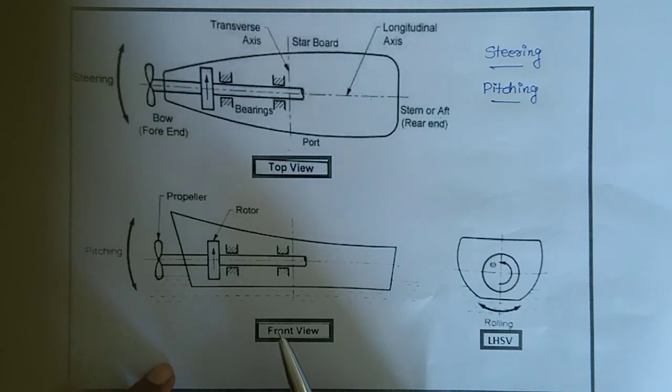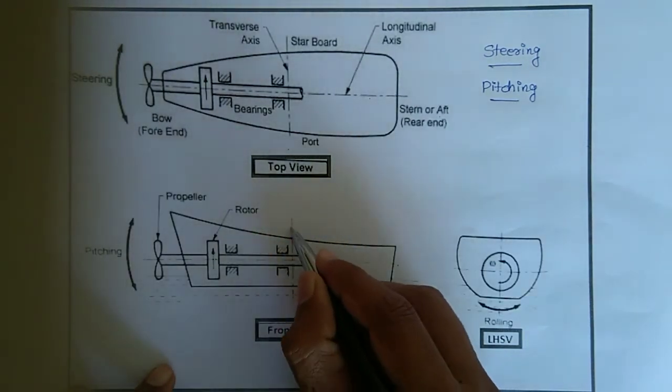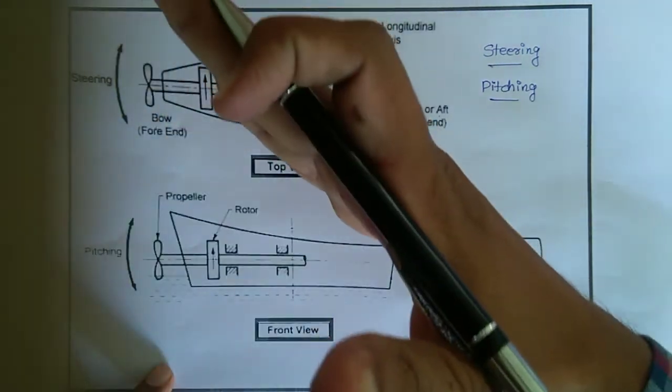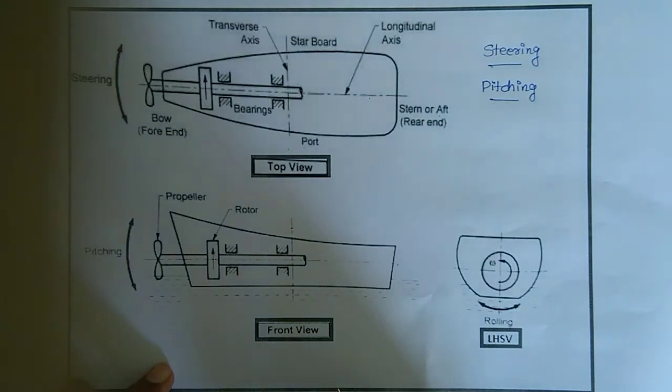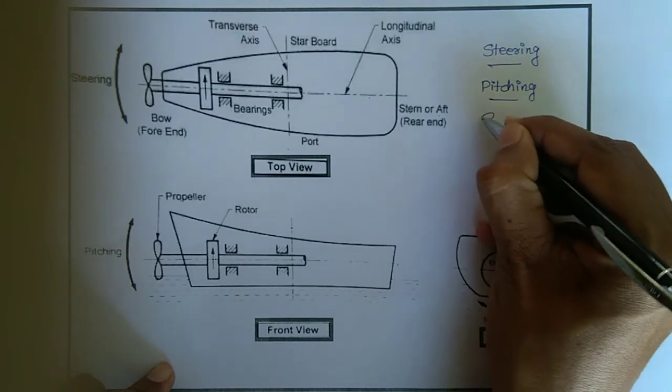So pitching is the cyclic up and down motion of the bow or stern in a vertical plane about the transverse axis. This is our transverse axis. Now we see rolling.